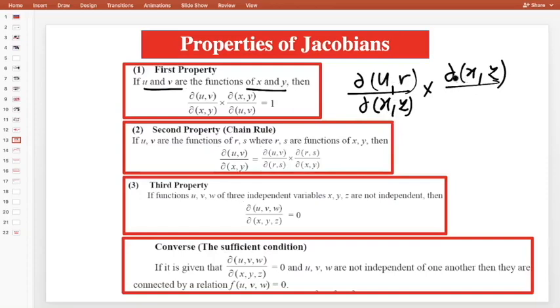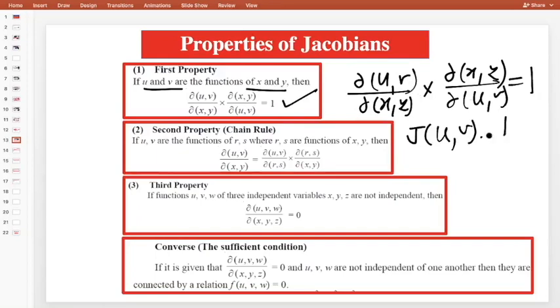You can also multiply by the Jacobian of x, y with respect to u, v. If you multiply, you will get the result 1. Means the Jacobian has the inverse property. We can write the Jacobian of u, v into 1 upon the Jacobian of u, v, that is 1. So this is the first.